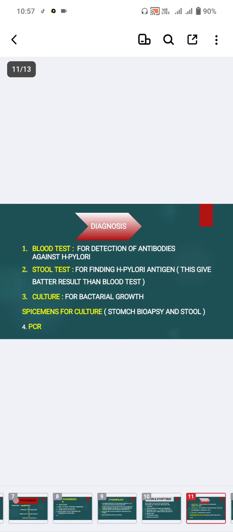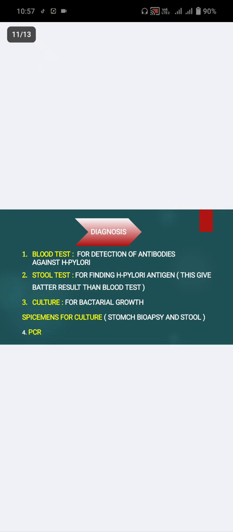Now on the diagnosis, how it can be diagnosed. The first one is a blood test, second is a stool test, third is culture, and fourth is PCR. The first one, blood test for detection of antibodies against H. pylori. In this test we detect the antibodies that H. pylori causes.